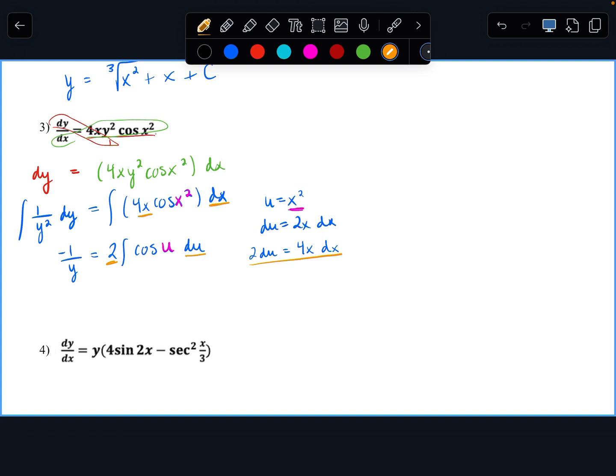And then now you're going to integrate that side. So that'd be 2 sine u plus c. Okay. Then I get negative 1 over y equals, and then I'm going to plug the u back in.